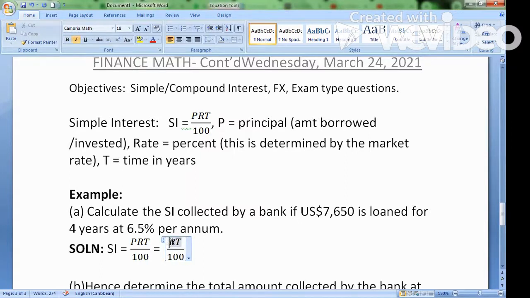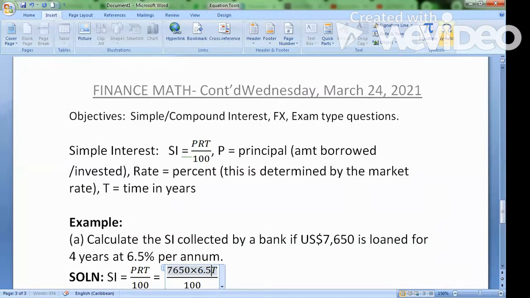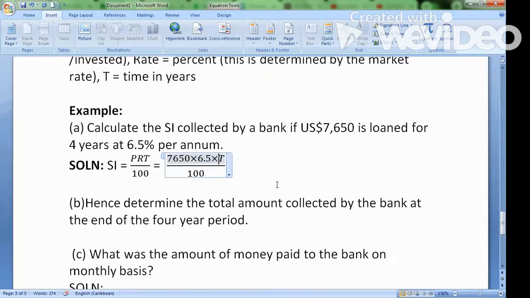That will be 7,650, sir. Right, 7,650 multiplied by the rate, which is 6.5, multiplied by the time, which must always be in years. Somebody work on that for me, please, and give me your answer to 2 decimal places.